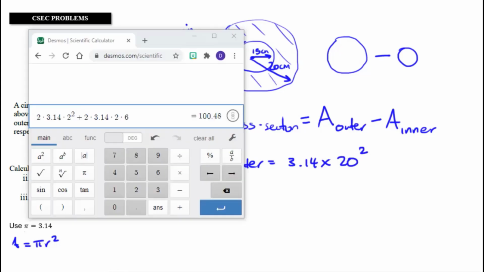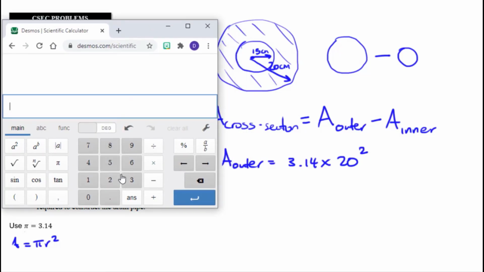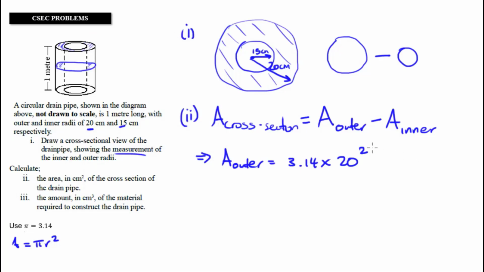If I throw that into my calculator here, then 3.14 times 20 squared is equal to 1,256. So that's the area of the outer circle, 1,256 square centimeters, that is.